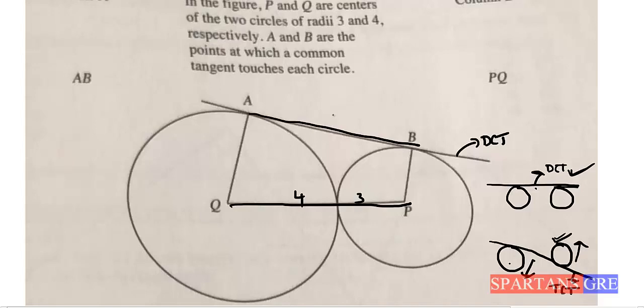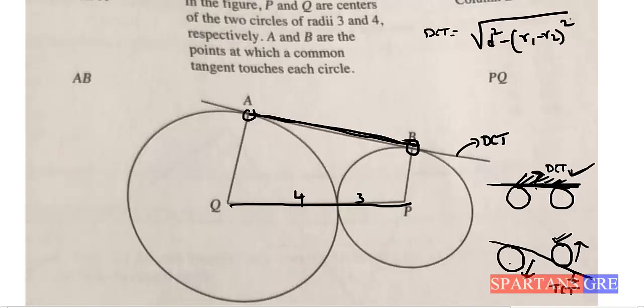I'll give you a formula here. For a direct common tangent, the length AB, the length of the tangent, which has endpoints as well, will be the root of d square minus (r1 minus r2) whole square.